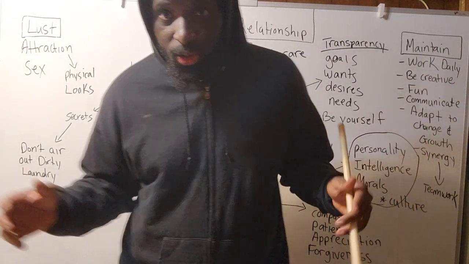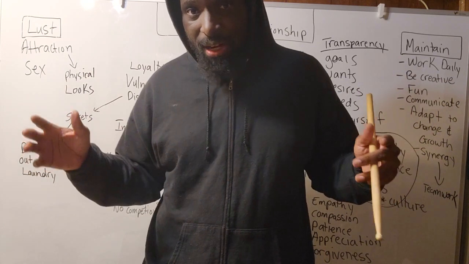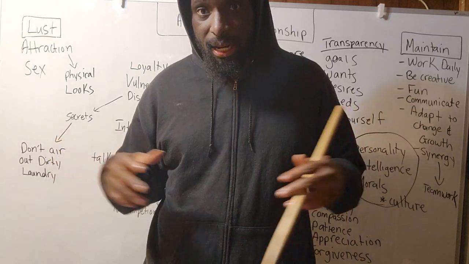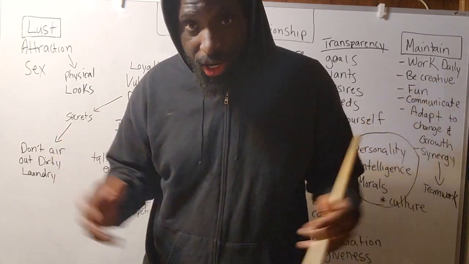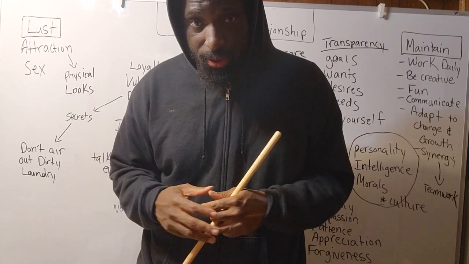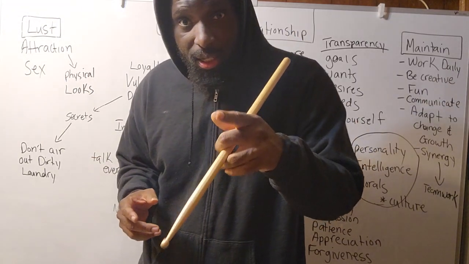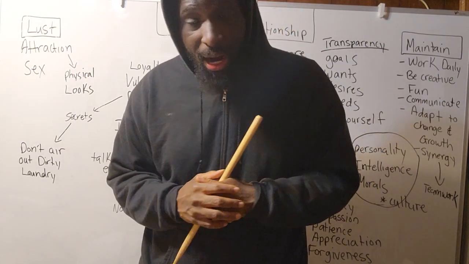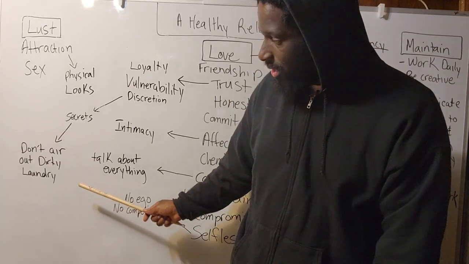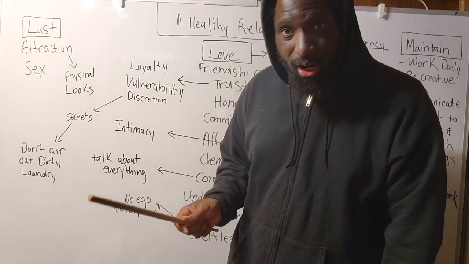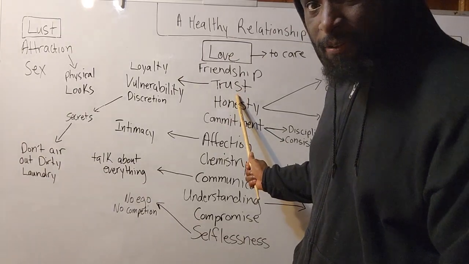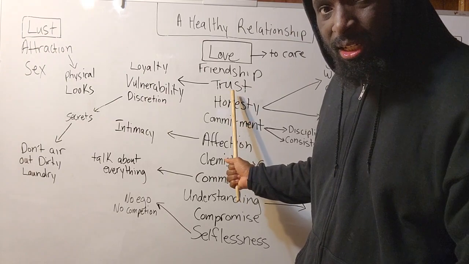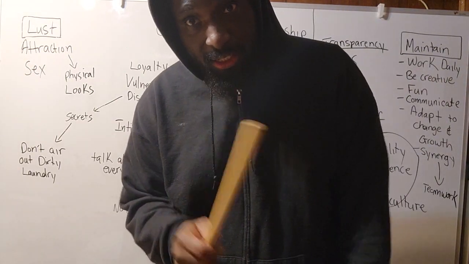If your partner is revealing a secret to you, you don't tell your parents, your best friends, or anybody else. That's wrong, because they trusted you with this information. You see how that works? You can't betray their trust.